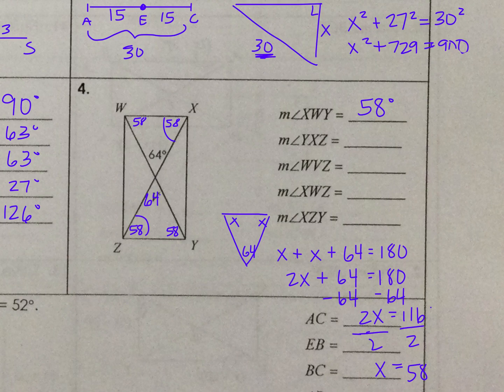Okay, YXZ. So it's this angle right here. Well, we're going to go back to the fact that we know the corner is 90. So 58 plus, we don't know, equals 90. Just subtract 58. We get x equals 32.